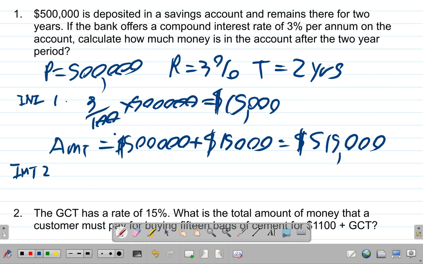When you get the second interest, that's the end of year 2, it is going to be 3% of $515,000. Remember, in compound interest, the interest is added to the amount, and the next interest paid is calculated based on the amount there now.